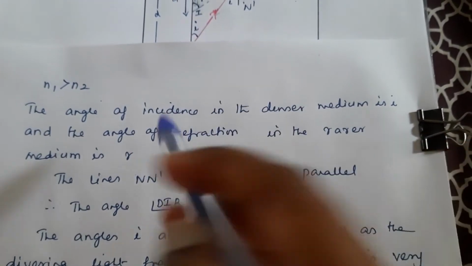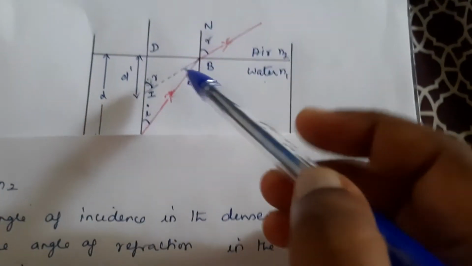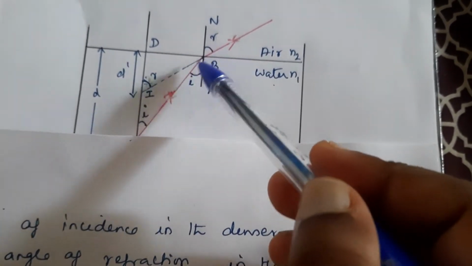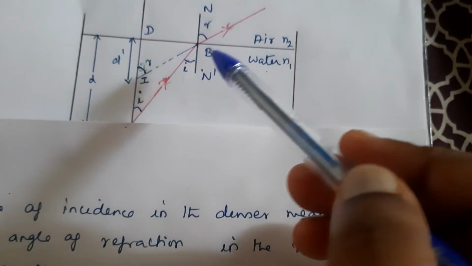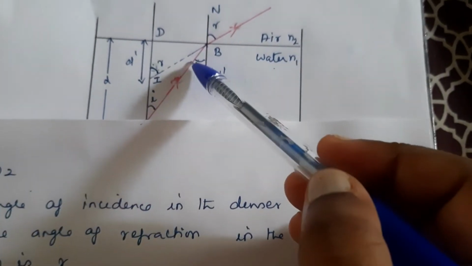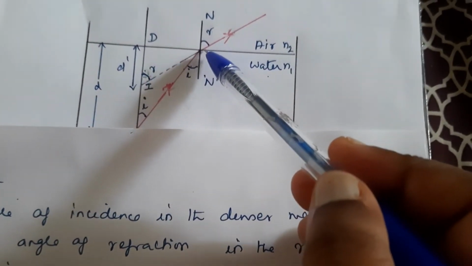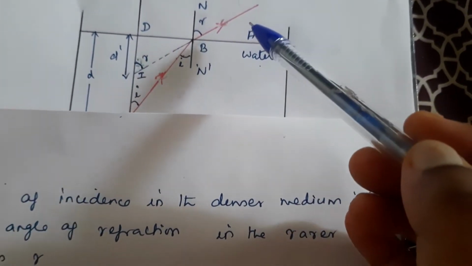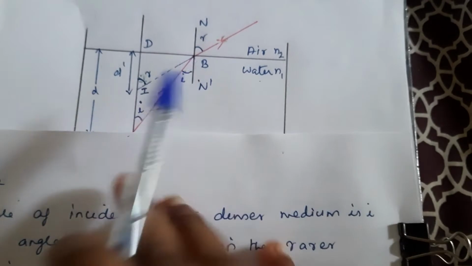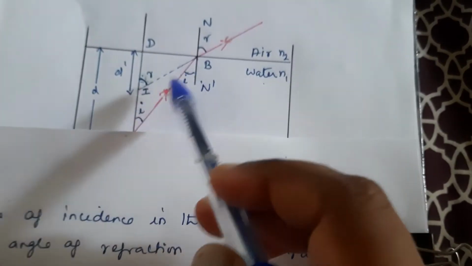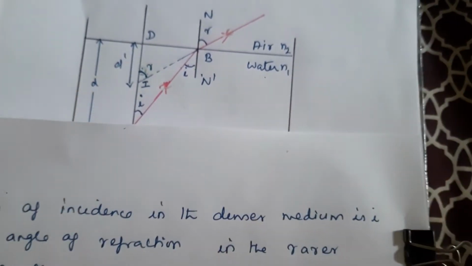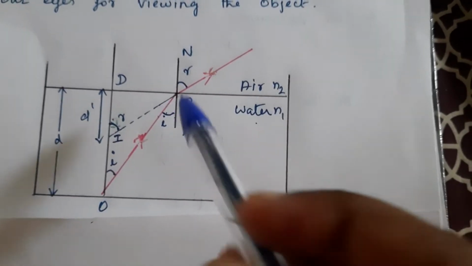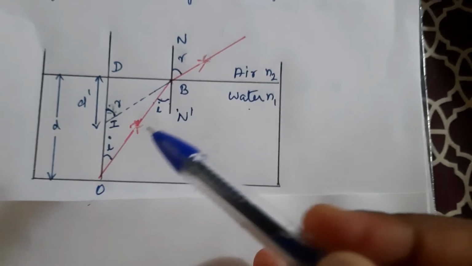Now the angle of incidence in the denser medium is I, and this is the angle of refraction, taking place in the rarer medium. Here the two lines N dash and OD are parallel.